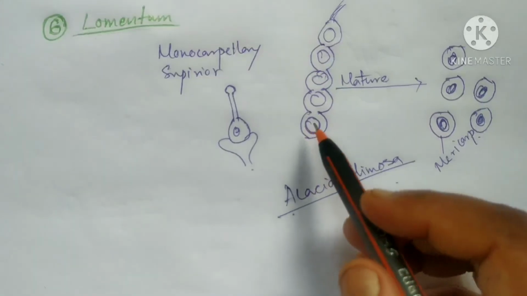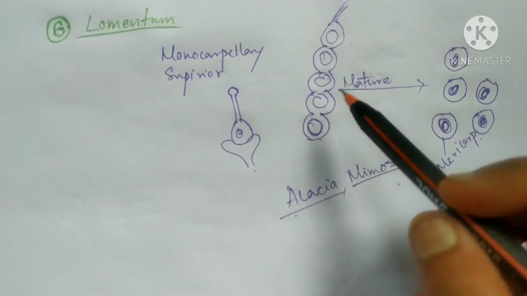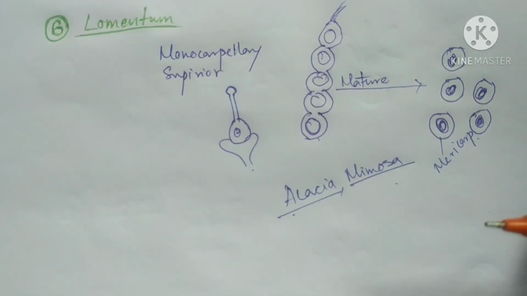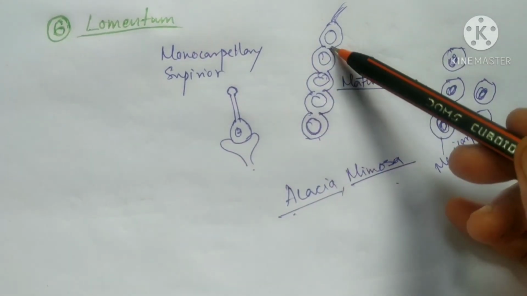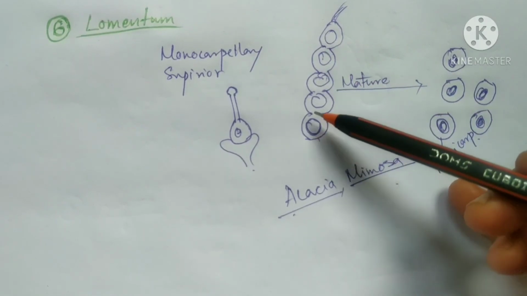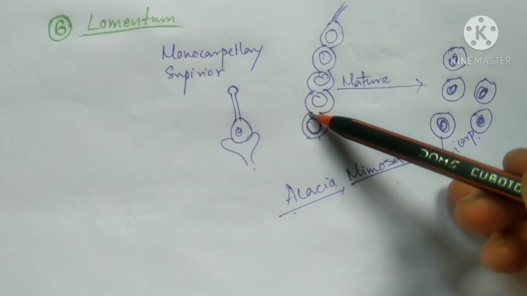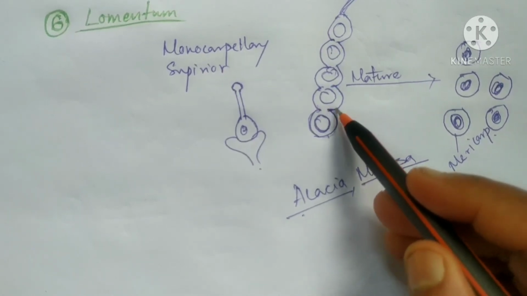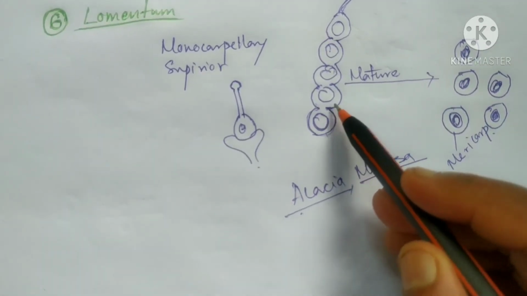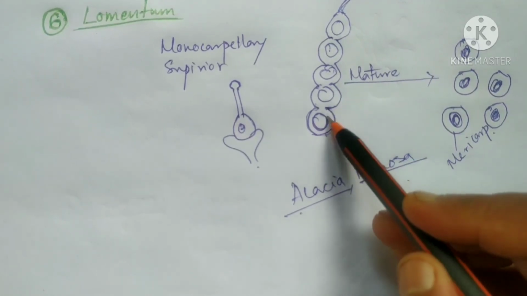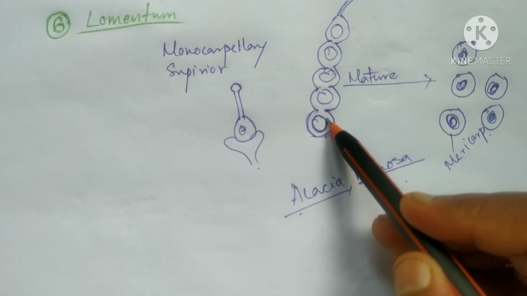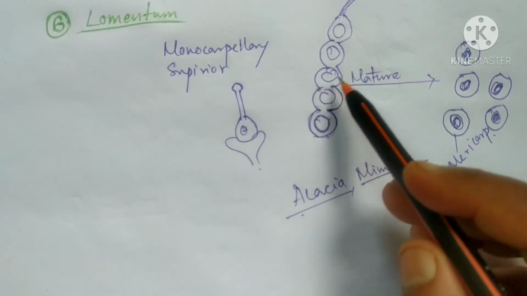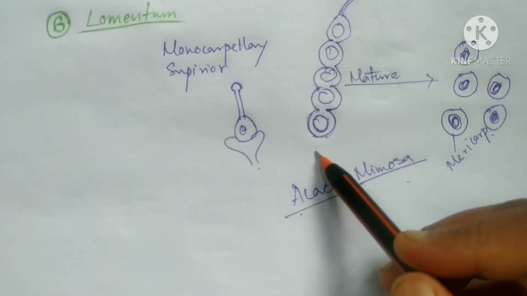Here the fruit is dry type and looks like legume, but mericarps are present, and each bead slightly enters into the inner side, right, which means a notch is present in each bead. But in case of legume, notches or beads are not present, right?